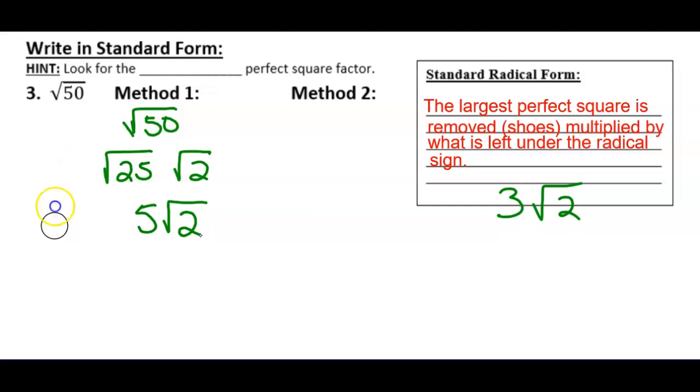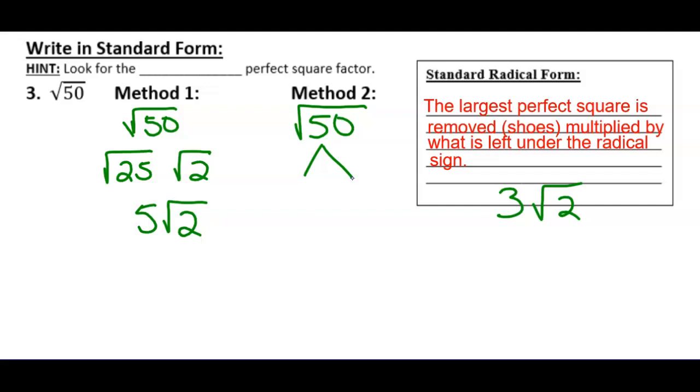Okay, so here's another method that you can use. If you don't like this, or you can't figure out what two numbers multiply that are perfect squares to this number, you can always do what's called a factor tree. Okay? And on our factor tree, we're always going to divide this number. We want to start with 2. If 2 doesn't work, start with 3. If 3 doesn't work, start with 5. And then 7.